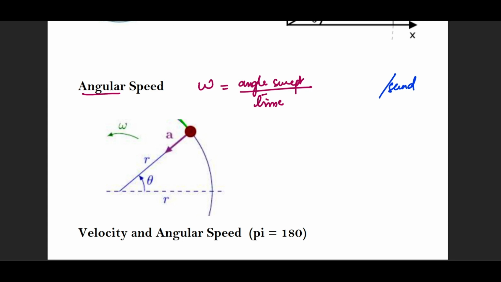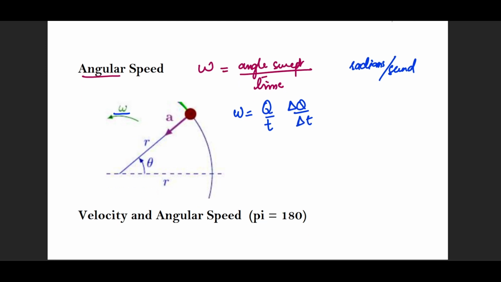We're going to work with radians. So the unit of this quantity comes out as radians per second. How many radians are being covered with respect to time? This is angular speed, represented as omega. So omega is equal to theta divided by t, or change in theta divided by time taken for the process. Again, theta will be in radians. We are not working with degrees anymore.